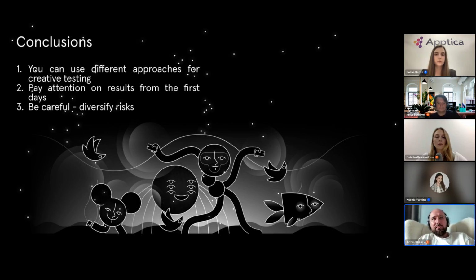Sometimes I hear that it's not important to look at CTR, CPC, CPM, but I think it's important. They are important metrics, but not in a vacuum. You need to analyze all of them, and be careful. Diversify risks.